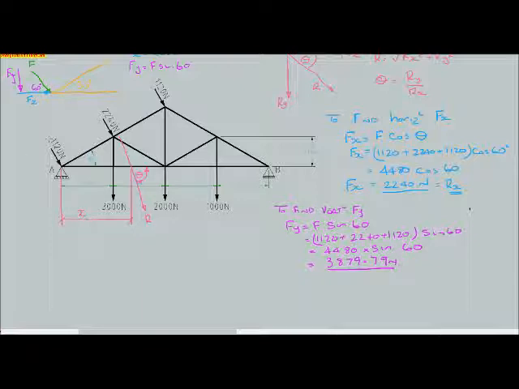So that's actually the vertical components, but actually I want to find Ry.